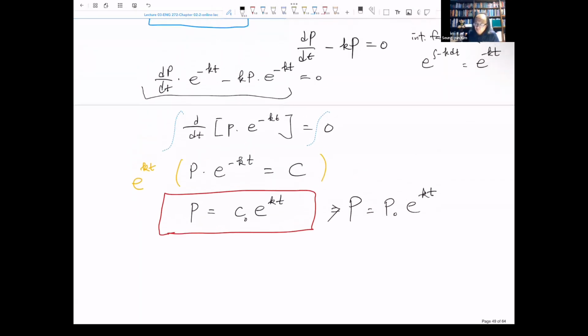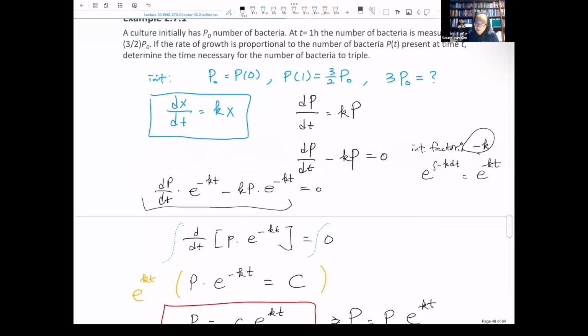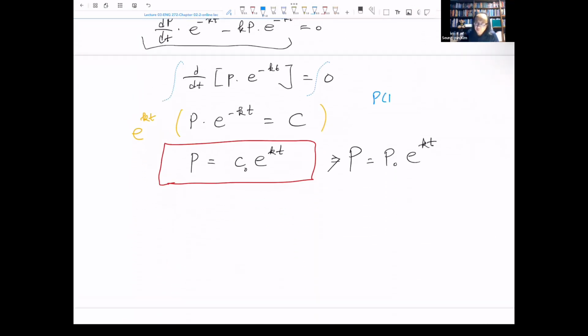Now, we have one relationship up there saying P of 1 equals 3 over 2 P naught. So we're going to use this condition to find the value of k first.